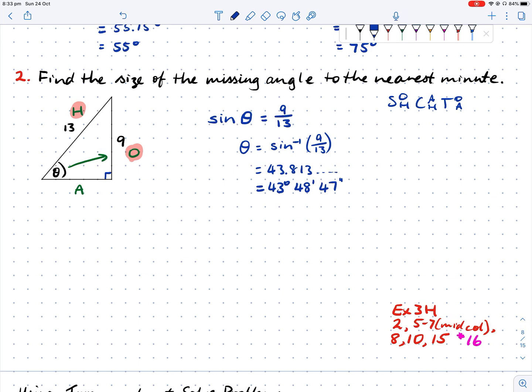If I need to round this to the nearest minute, I'm going to keep the degrees and minutes, and I need to check the seconds. It's 47 seconds. That's greater than halfway because halfway is 30. So our minutes need to be rounded up. So that's going to be 43 degrees and 49 minutes, and that's to the nearest minute.